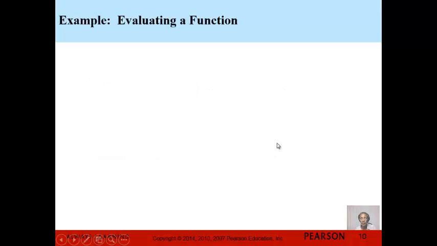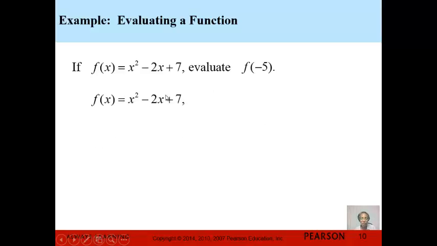So let's look at an example of evaluating a function. First, the function has to be defined. So in our example, f of x is x squared minus 2x plus 7. And we're being asked to evaluate f of negative 5. That basically tells us in the defined function, replace every x with negative 5.